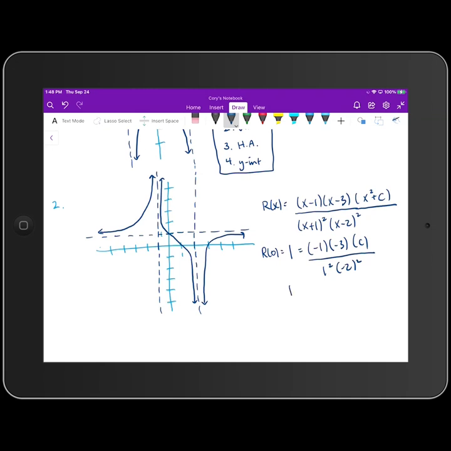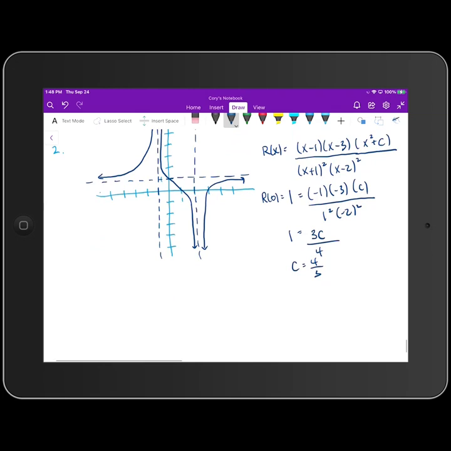So we're going to get 1 equal to, in the numerator, -1 times -3 is 3, times c. And then in the denominator, -2 squared is 4 times 1 squared, and 4 times 1 is going to be 4. Then when I isolate c, I can multiply both sides by 4/3, and we get c equal to 4/3, which makes my function r of x equal to x minus 1 times x minus 3 times x squared plus 4/3.